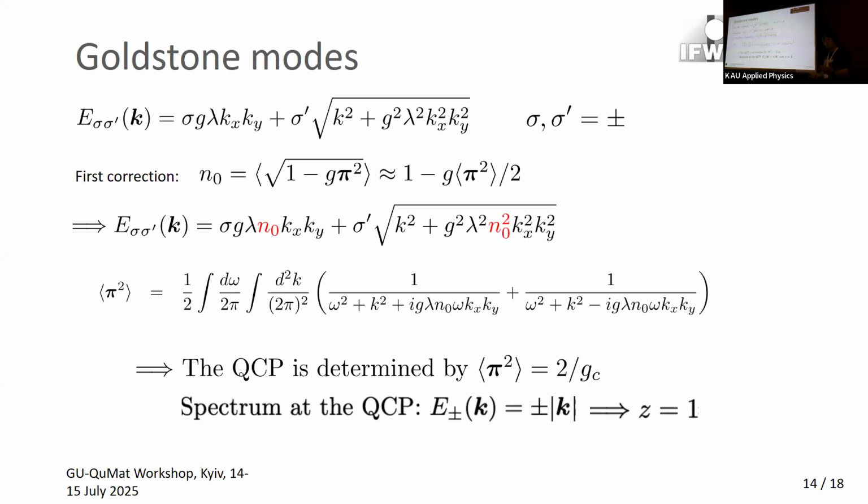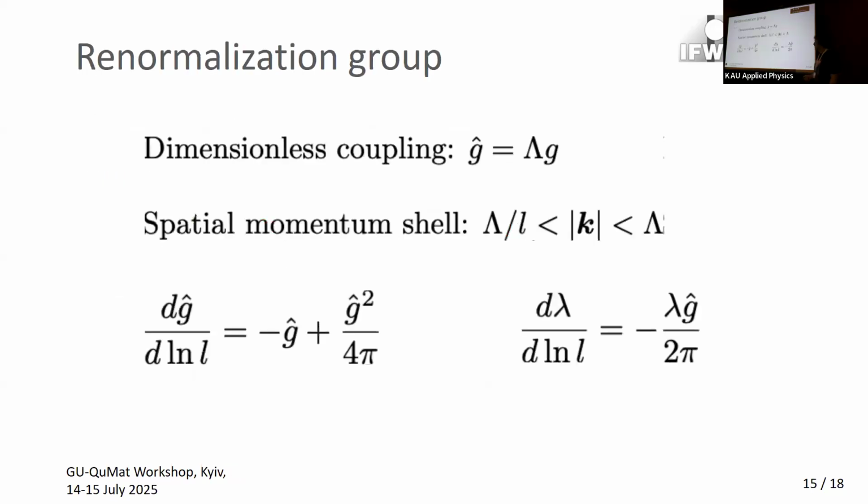So is this corroborated by renormalization group analysis? The answer is yes. If you introduce a dimensionless coupling, G hat, in terms of some UV cutoff, which is proportional to the inverse of the lattice spacing, and introduce a spatial momentum shell, you integrate over the frequencies and over the momentum shell with some logarithmic length scale, you reduce the upper UV cutoff up to this infrared cutoff, which is lambda over L. Use the standard Wilson RG analysis.